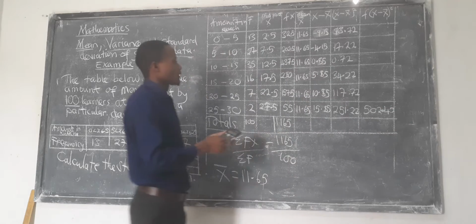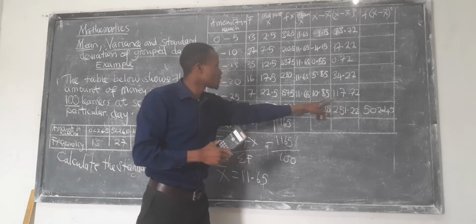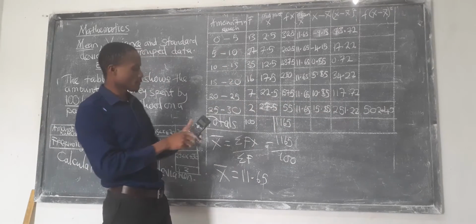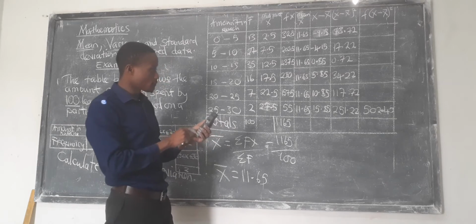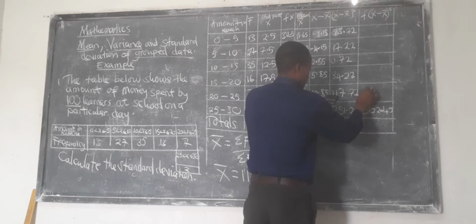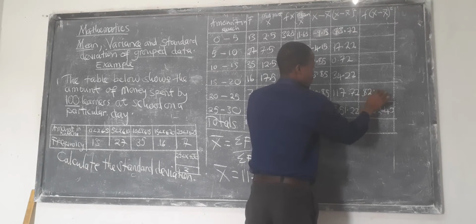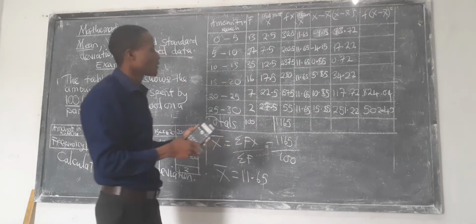Okay. Next, we have 117.72 times the frequency, which is 7. So we have 7 times 117.72, giving us 824.04.